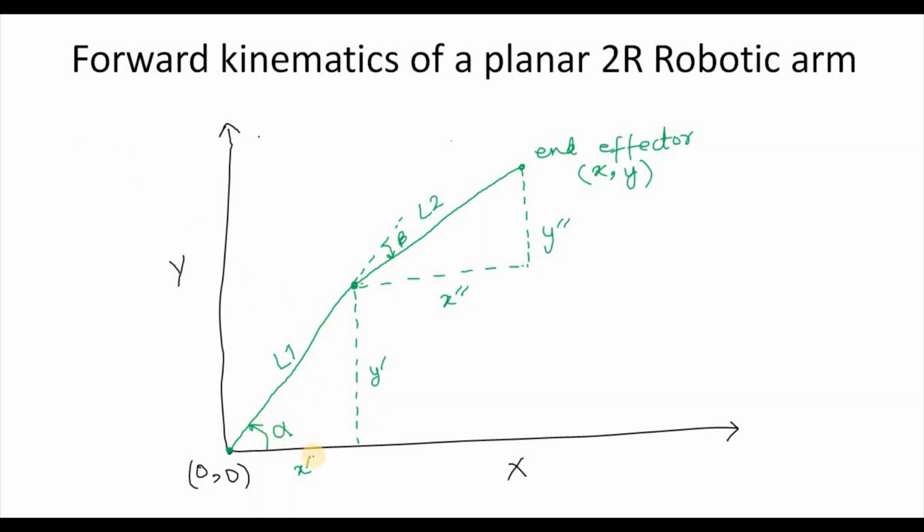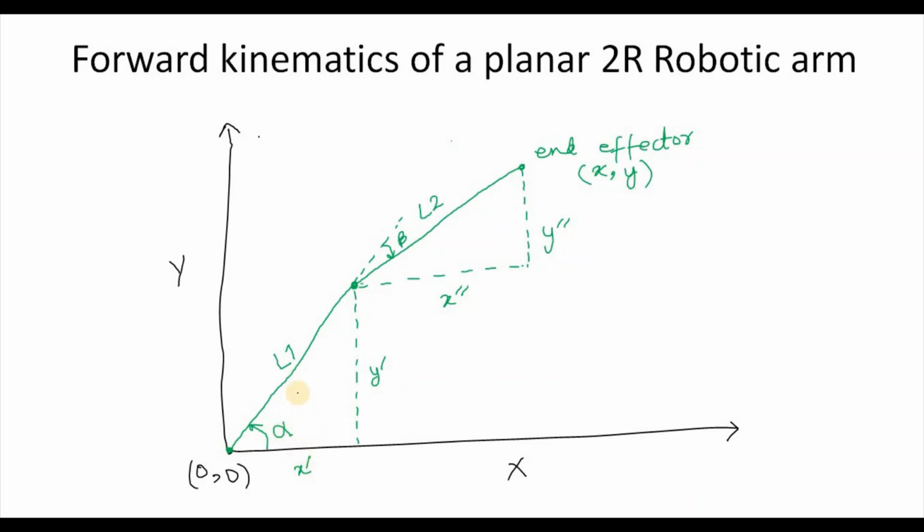So our x dash we can calculate using the length L1 and the angle alpha. So this is x dash, and this is angle alpha.